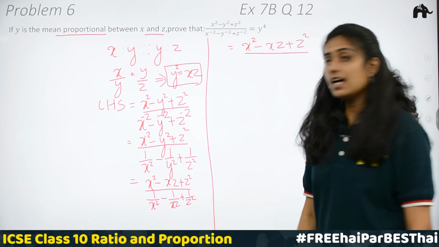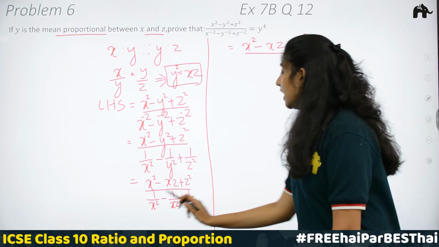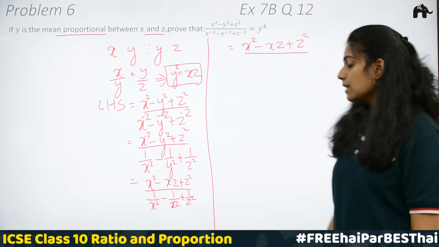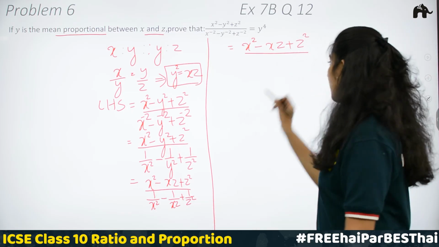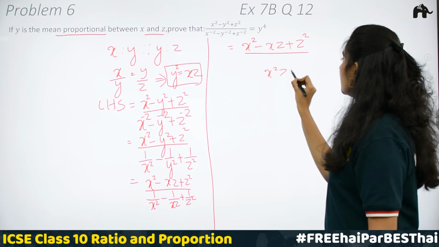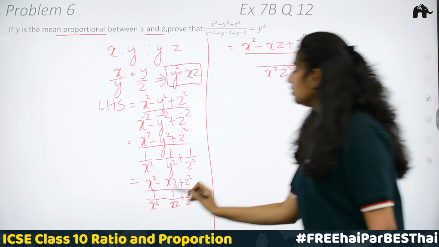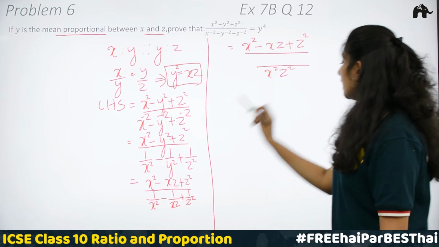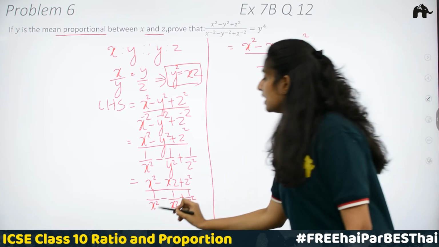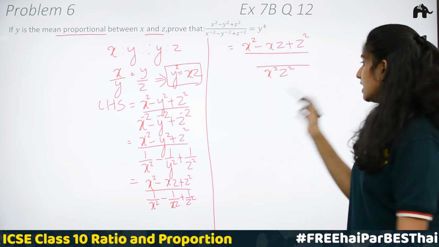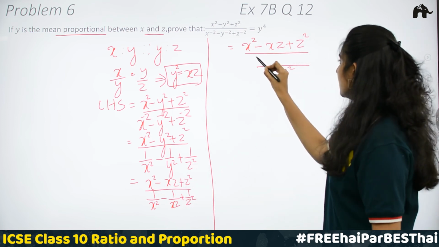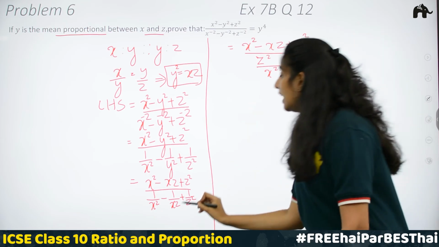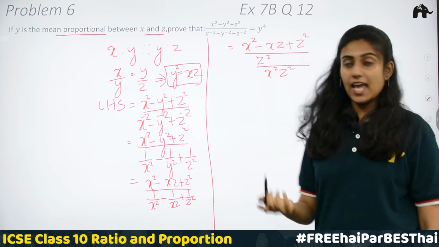That is equal to x square minus xz plus z square divided by, here we are going to take the LCM of x square, xz and z square. What is the LCM? LCM will be equal to x square z square. Now to get x square z square, we need to multiply z square with 1, that is z square. To get x square z square, xz should be multiplied with xz.